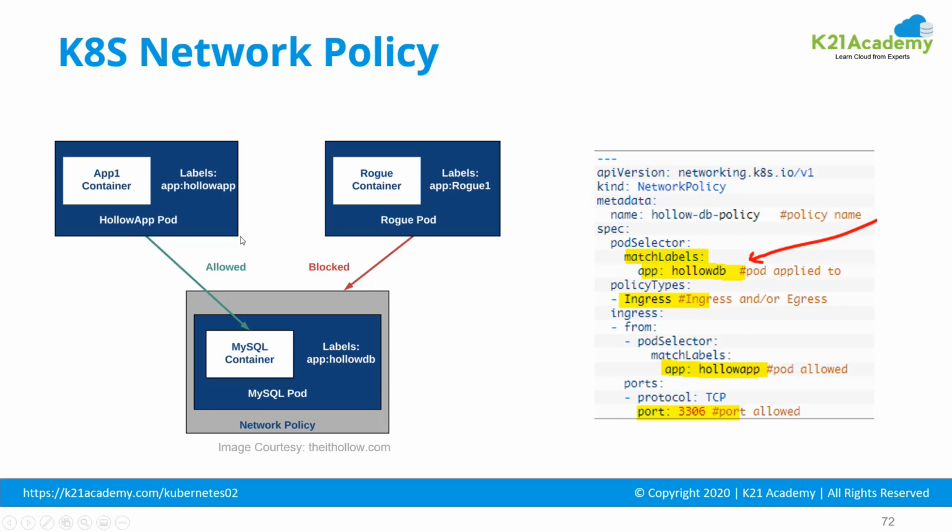So we are restricting the connection onto this pod only from the application running in this pod, and only port number 3306 is allowed. If any other pod tries to connect with a different app, it is not allowed to access the database pod or application running on the database server. So that's a network policy.